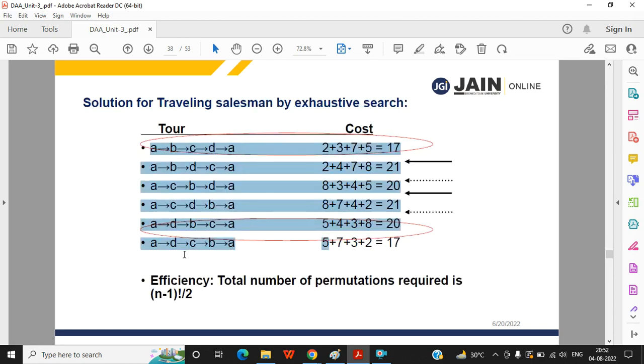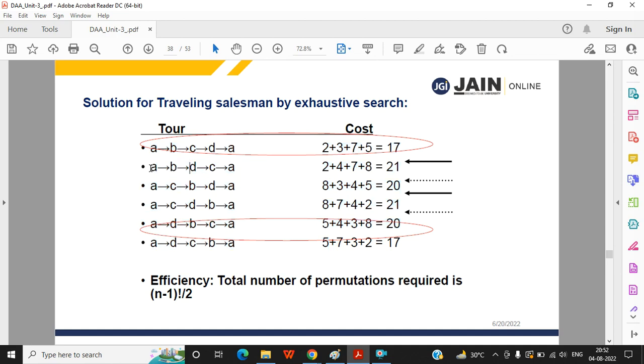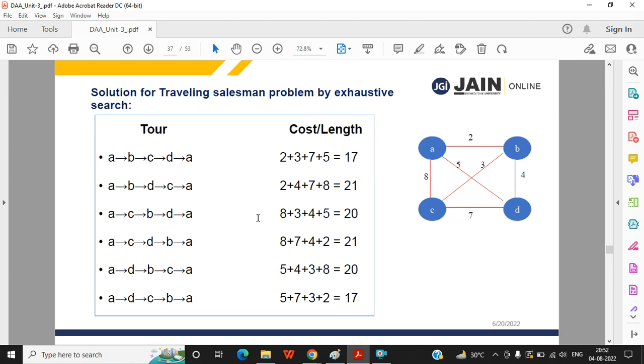Here again, 2 times everything is repeating. 20 is repeated twice, 21 is repeated twice, 17 is repeated twice. Look here, A, B, D, C, A, and it is A, B, D, C, A. Why are we getting it?